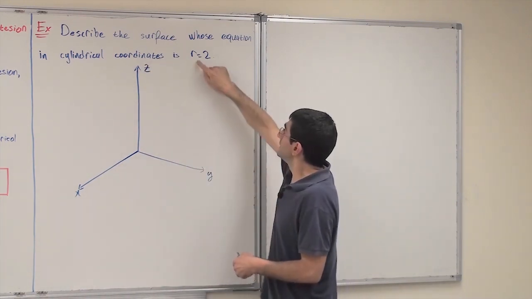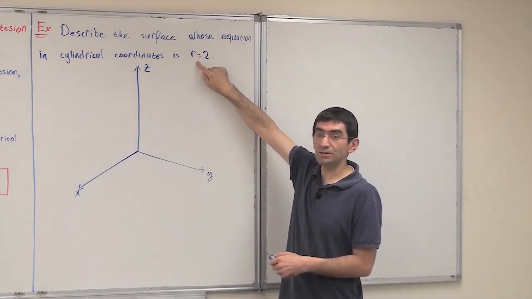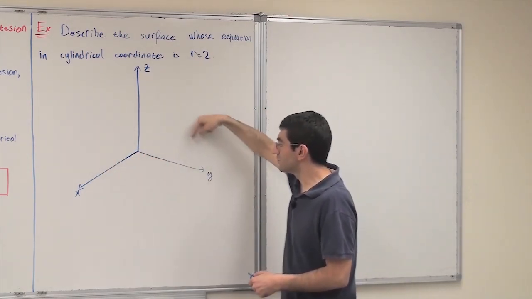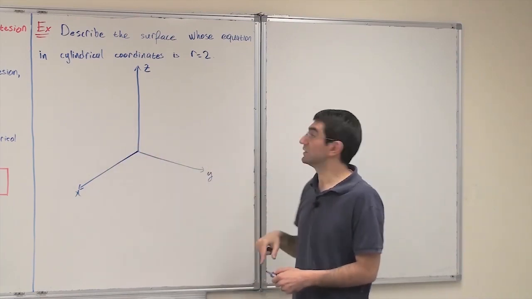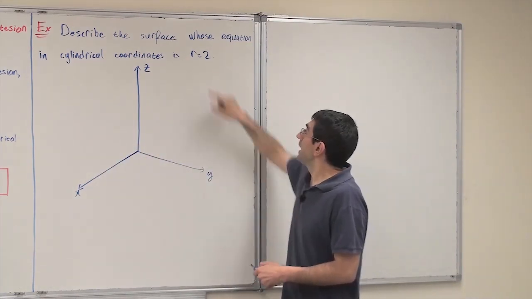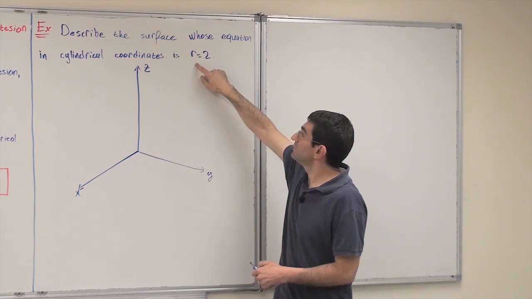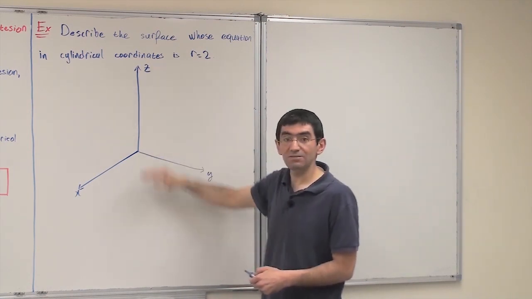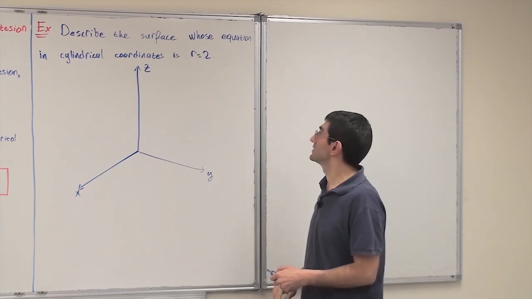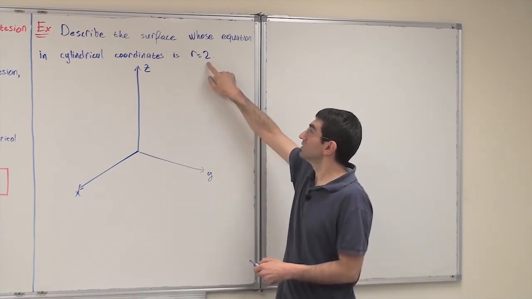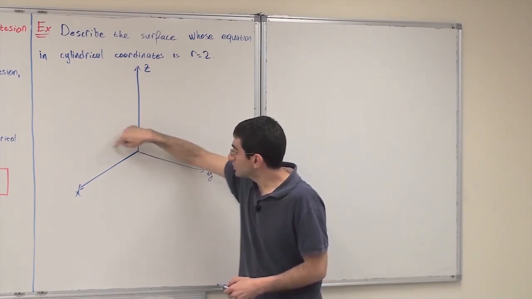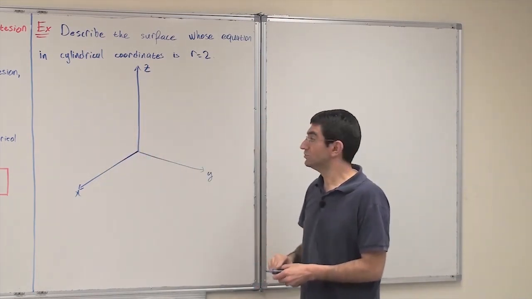Theta is a free variable, which means that we are allowed to do a full rotation on the xy plane. And z is a free variable, which means that we are allowed to visit any level along the z-axis. And r equals 2 means that our distance to the origin is always 2.